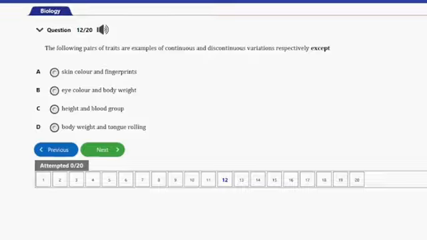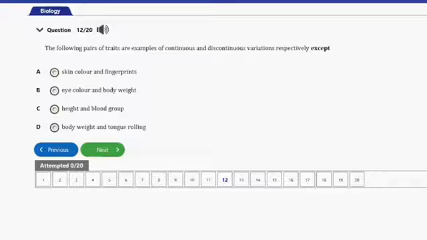So in all the options listed here, you have one continuous variation and one discontinuous variation. Just like the skin color is continuous, fingerprint is discontinuous, height is continuous for option C, and then blood group is discontinuous. Then for option D, body weight is continuous, but tongue rolling is discontinuous.